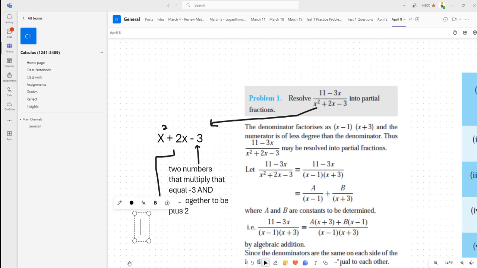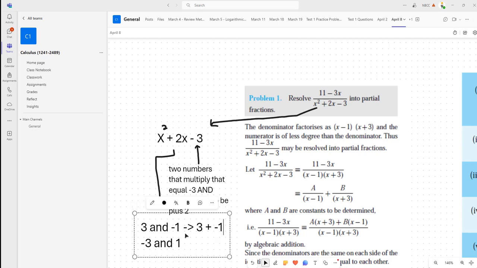We have 3 and minus 1, or we have minus 3 and 1. If we look at 3 and minus 1 and add these two together, we have 3 plus minus 1, which is equal to 2.